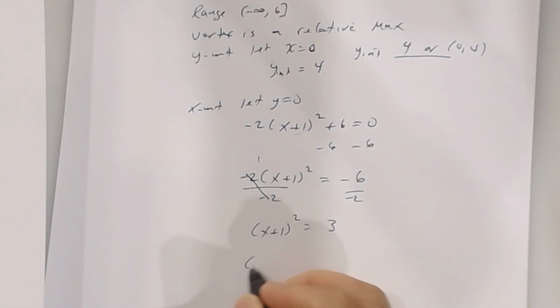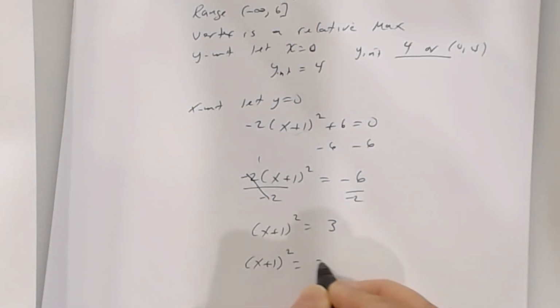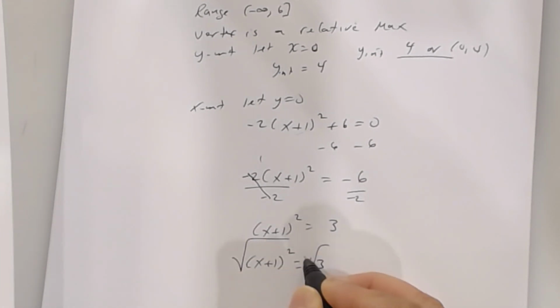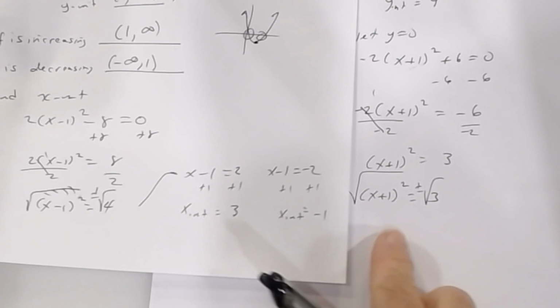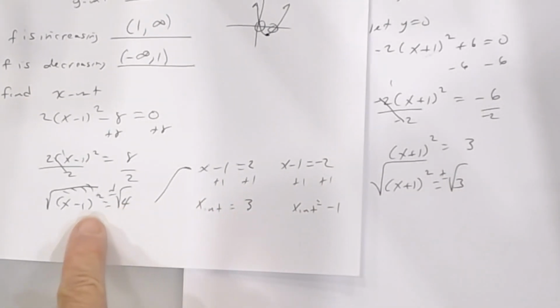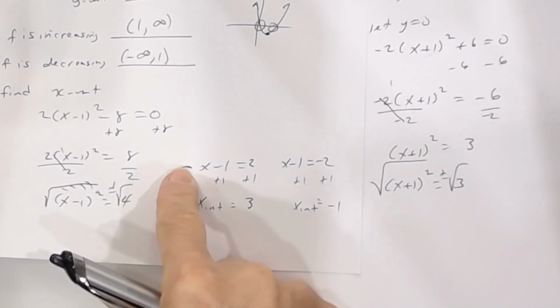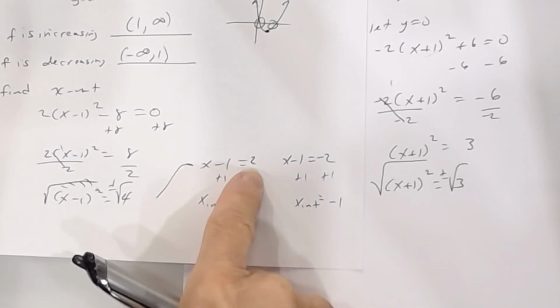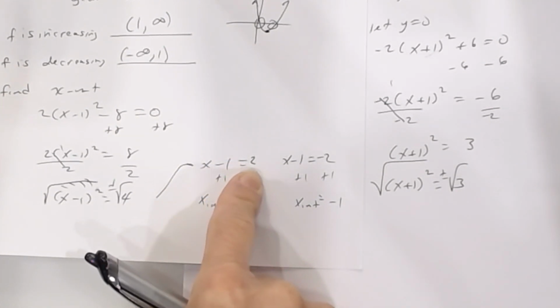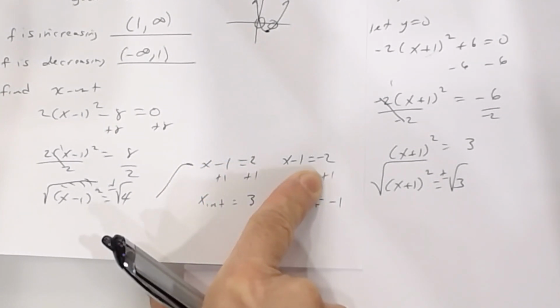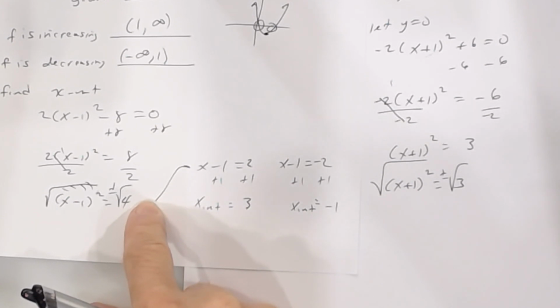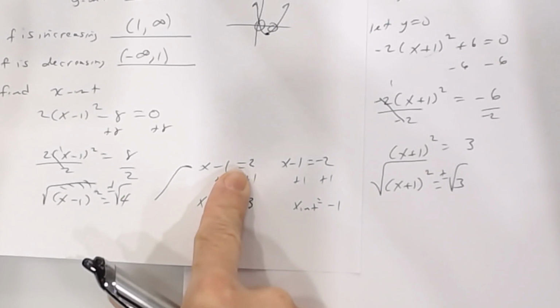So I'm going to take the square root of both sides. Watch. Square root. But what else must I put? Plus and minus. So make sure you compare those. Here I was able to rewrite this using an integer, 2 and negative 2, because the square root of 4 is a perfect square, but 3 is not. But you can still write it like this, though. You can write it as 2 separate equations.